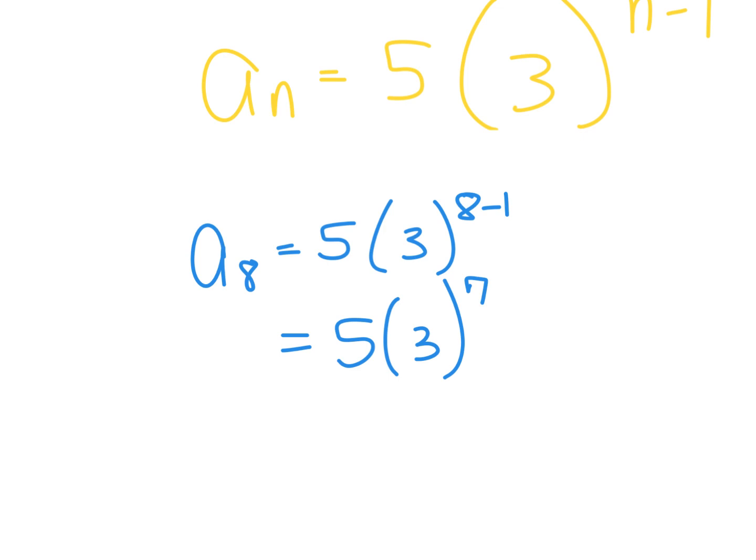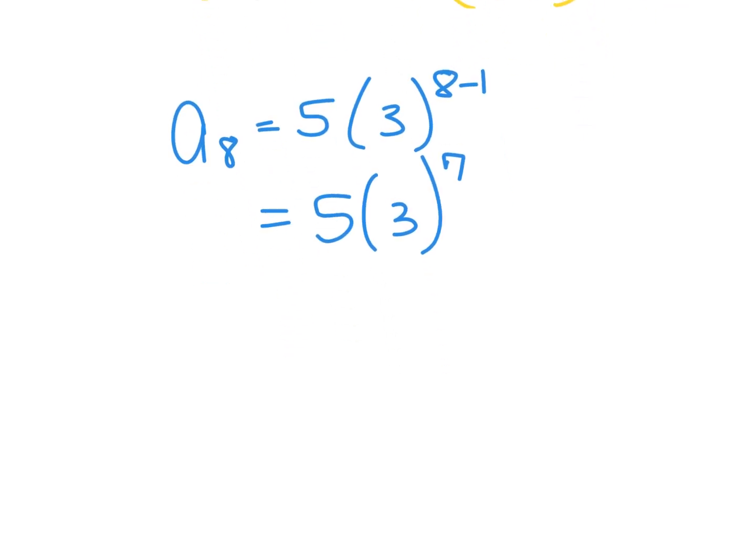But what should your calculator do? Because you got to make sure you put it in right. What would you evaluate first here, guys? The parentheses. You'd say 3 to the 7th power times 5. So if you don't know how to put it in your calculator, you could just do 3 to the 7th power, get a number, and then times it by 5. But when you do that, guys, what do you get? What's the 8th term of this sequence?